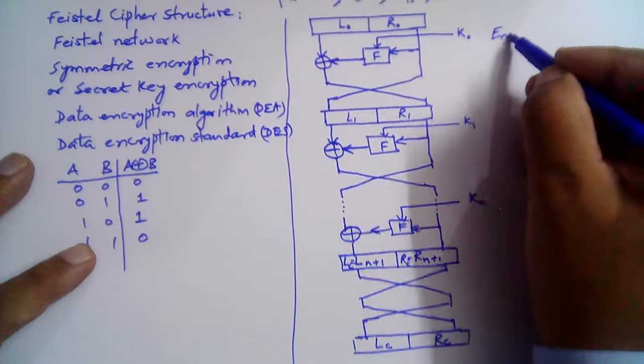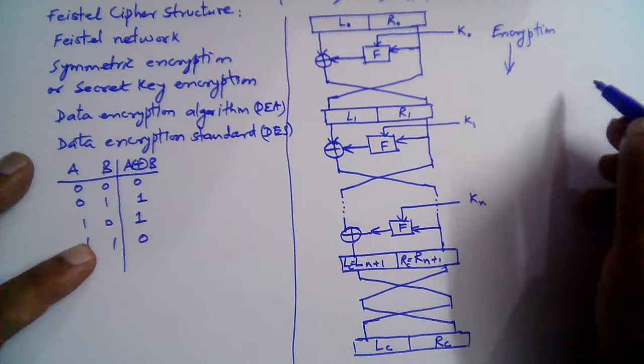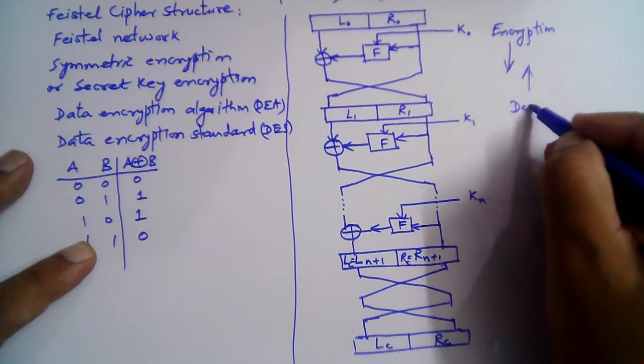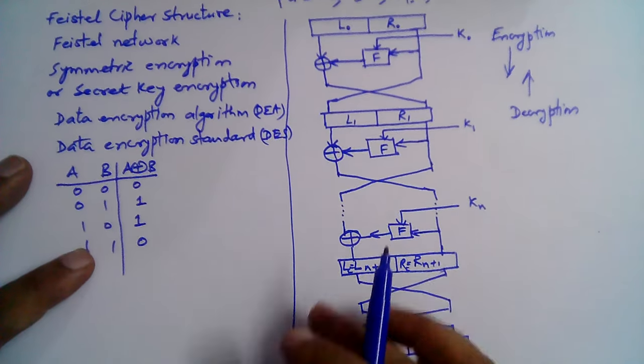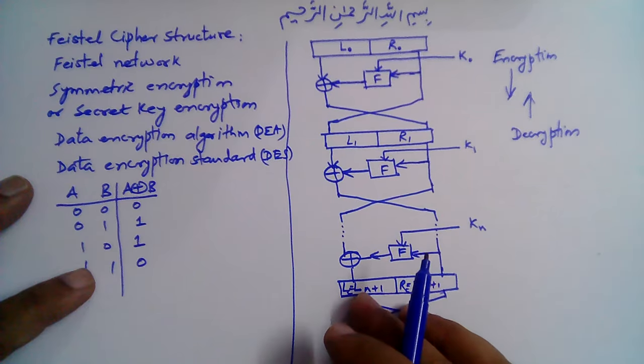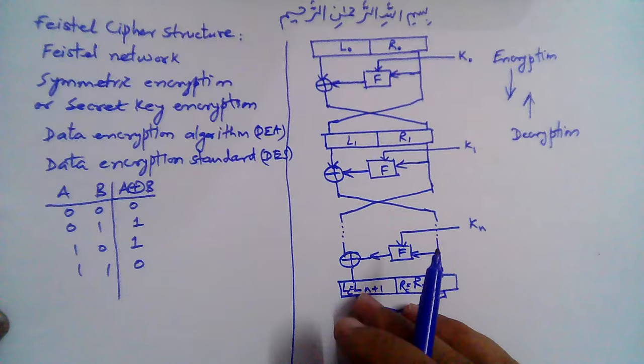Encryption is like this, and the decryption process is like this. So let us demonstrate this with a practical example, right? Both the encryption and decryption processes. Let's demonstrate them with the help of a practical example.